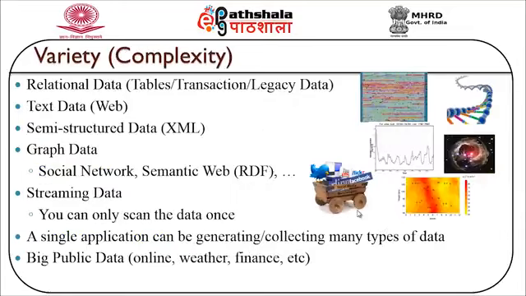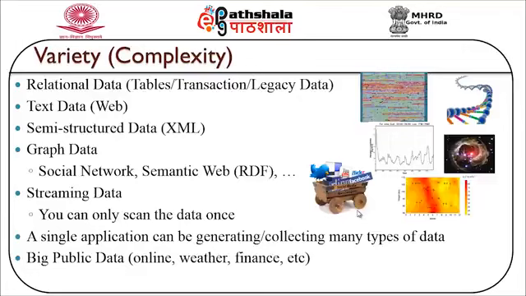If you look at the variety or complexity of data, it is relational data. It may be the data that we receive from relational data sets like tables, transaction data or legacy data, or it can be some kind of text data that we get from the web, or some kind of semi-structured data in the form of an XML file. It can be graphical data which we acquire from social networks and the semantic web.